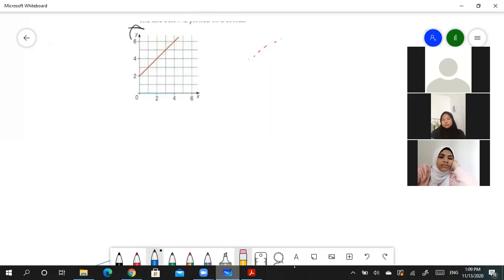So for example, this line, function means y and x, right? The value of y is represented by an input, which is x. We said that the function of this line is y equals x plus 2.